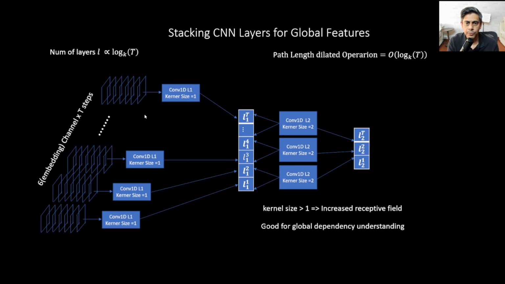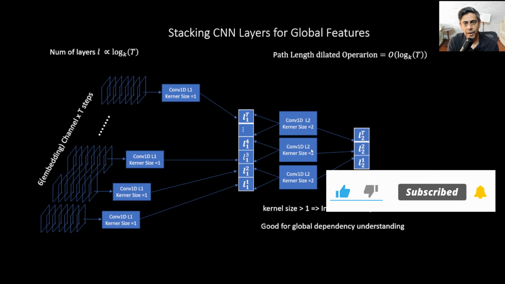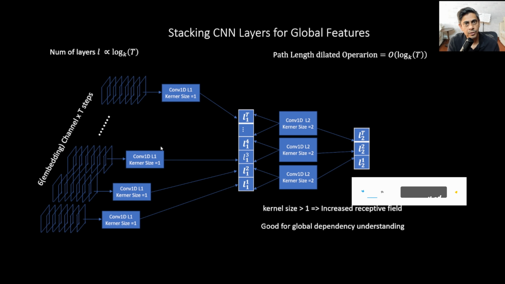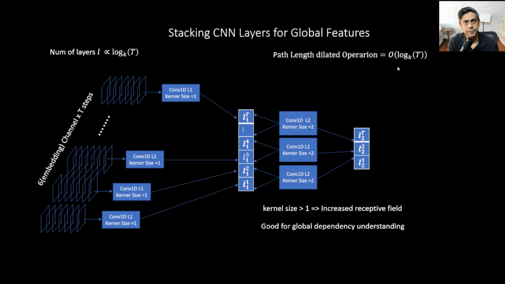So although here we are able to map the global dependency, and it is still a parallel operation, the path length between any two word combination is increasing. It could also have been thought of in a linear way of adding layers. Instead of doubling the k, we could add a similar size of kernel, and keep on adding layers.